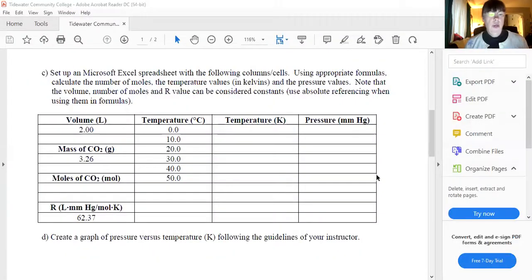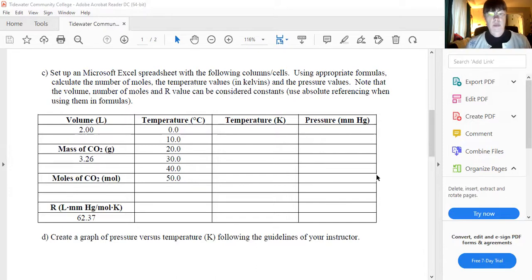All right, back over to the other document then. You are given a volume of 2 liters. You will calculate your n from the above, put it into this equation, convert your Celsius over to Kelvin, and then solve for pressure.